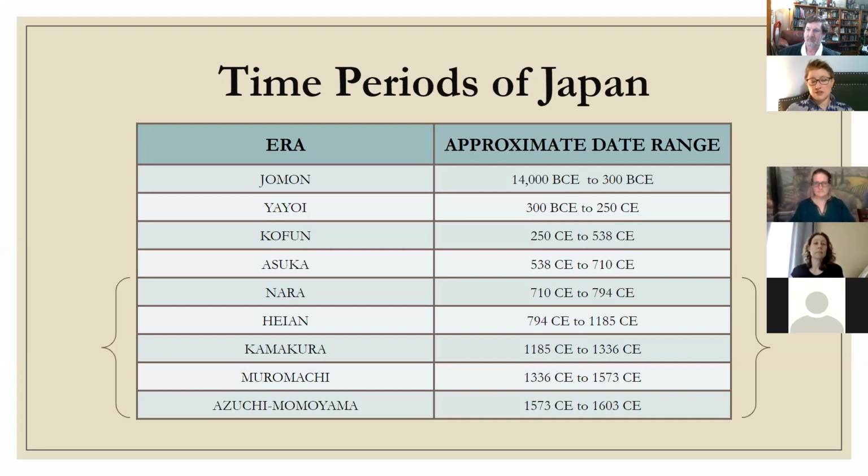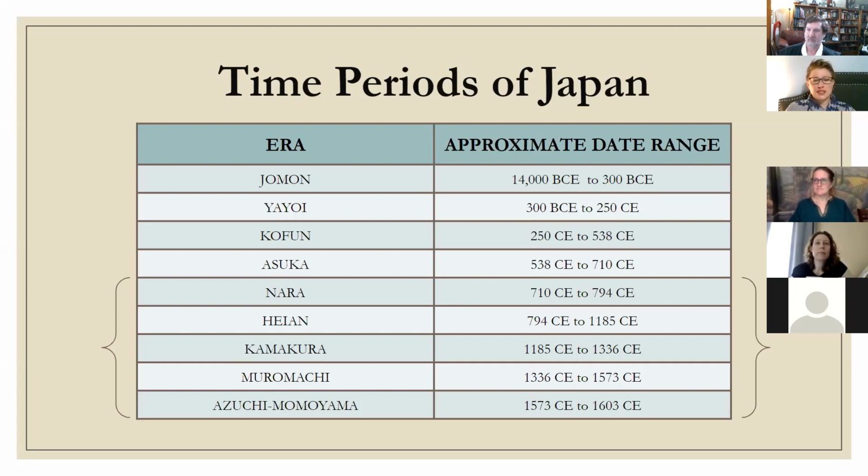Heian, which is 794 to 1185. Kamakura, which is 1185 to 1336. Muromachi, which is 1336 to 1573. Azuchi-Momoyama, which is 1573 to 1603, which is just a teensy bit over the SCA's 1600s deadline.